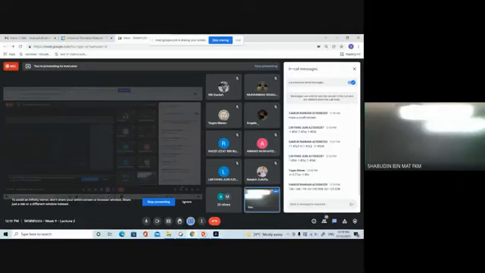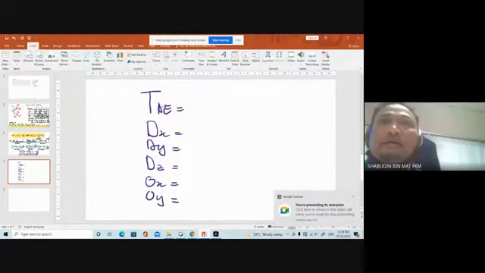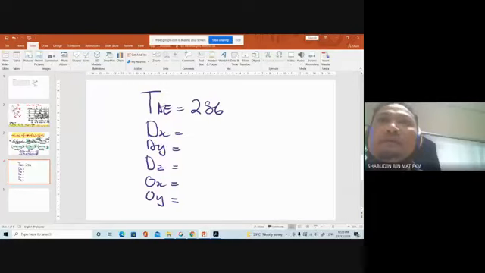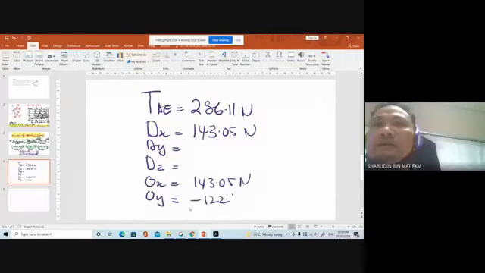So TAE is 2x6.11 Newton, OX is 143.05 Newton there, and OY is negative 122.62 Newton there.